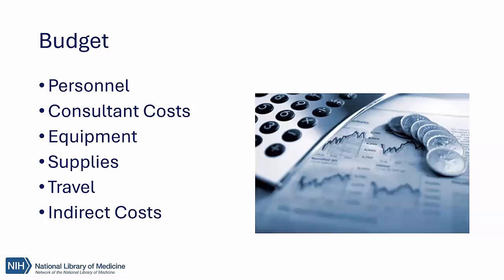Okay, so let's talk about the budget. The first thing is to look at the RFP or the RFA, whatever it's called, and find out what is allowed and what is not allowed. And we've talked a little bit about that. NNLM does not allow funds to be used for food, furniture, or swag, such as t-shirts or water bottles with your logo on them.